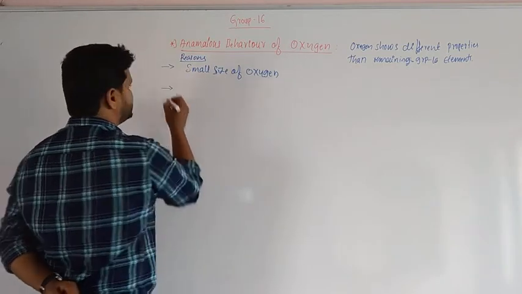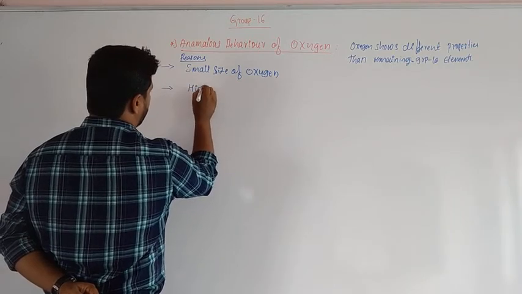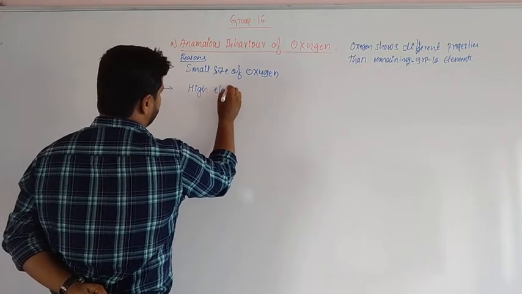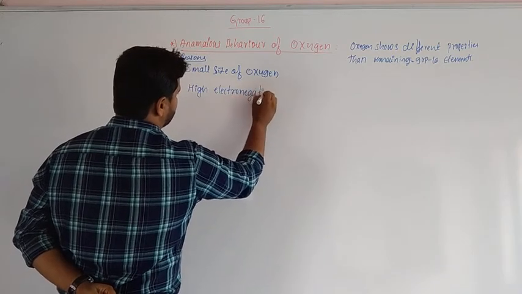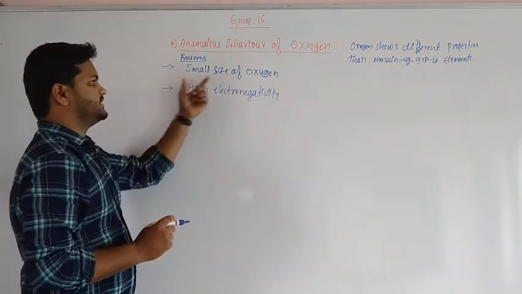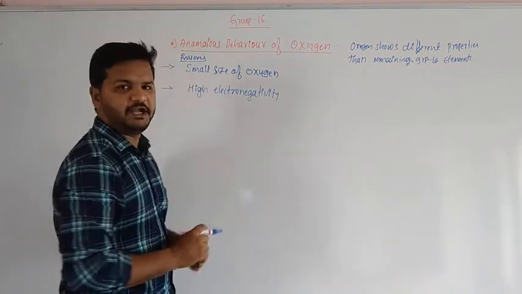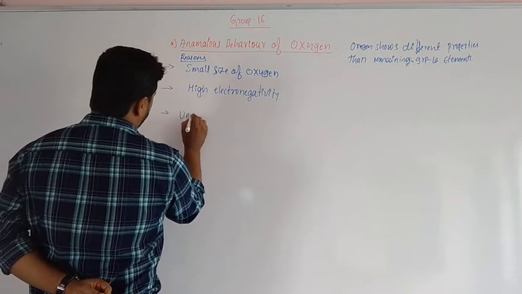Then second point, that is high electronegativity. Students, oxygen is the second most electronegative element in the periodic table. Small size of oxygen and high electronegativity of oxygen, and third one, unavailability of d orbital.